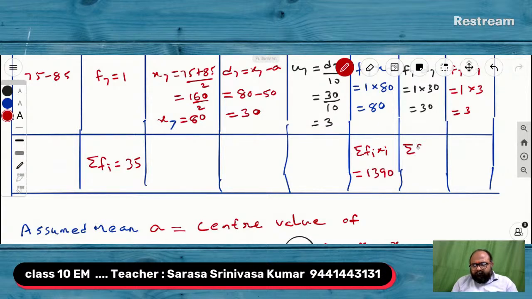Next, sigma fi di is equal to minus 360. Sigma fi ui is equal to minus 36. Now we note down all these values.